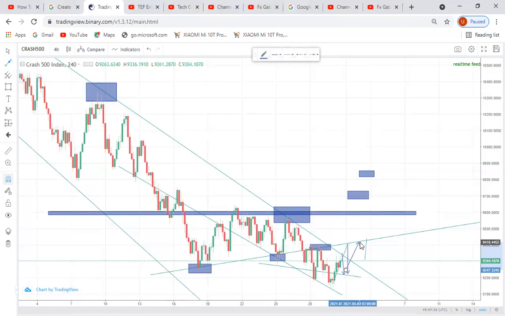If it gets here again from this level, we're not expecting price to immediately break that place. We get maybe a second pullback. The third time might just be a lighter pullback, or we have a straight move, depending on the buying pressure.